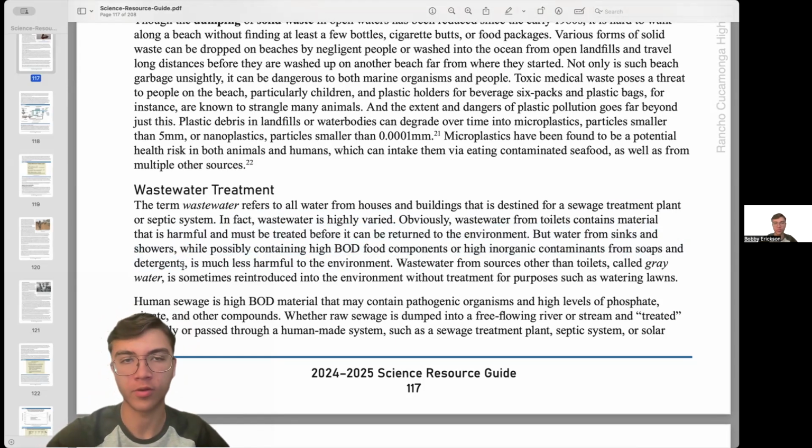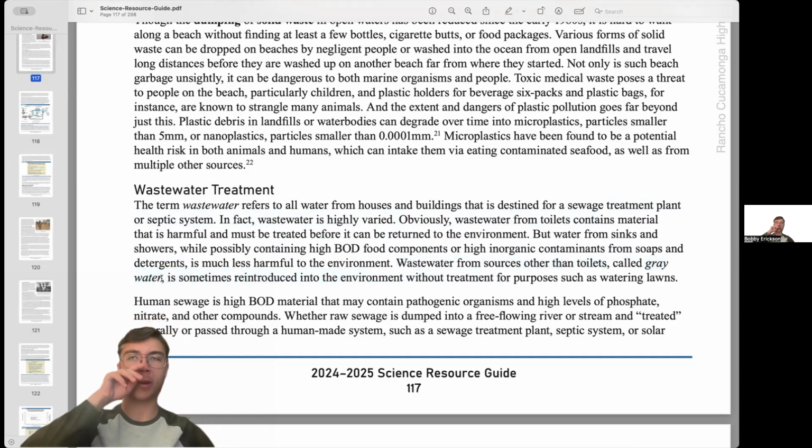They're less harmful overall than waste from toilets. Wastewater from sources other than toilets is called gray water. We talked about gray water earlier with Julius Sextus Frontinus.